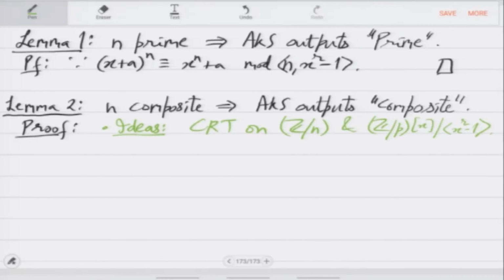So remember that you are going modulo both n and x^r − 1. So you do Chinese remaindering on n, but you also do it on x^r − 1. Okay, double Chinese remaindering.